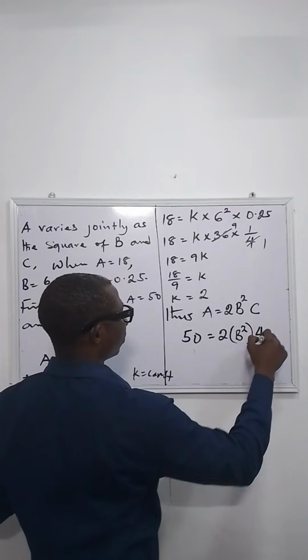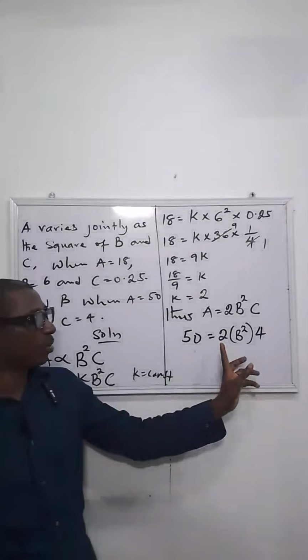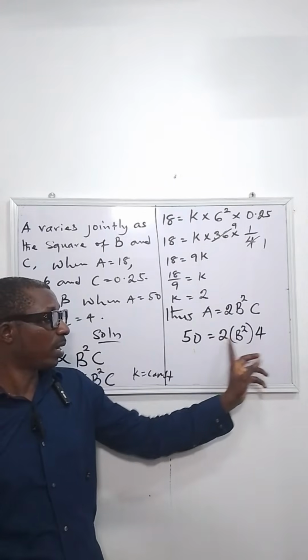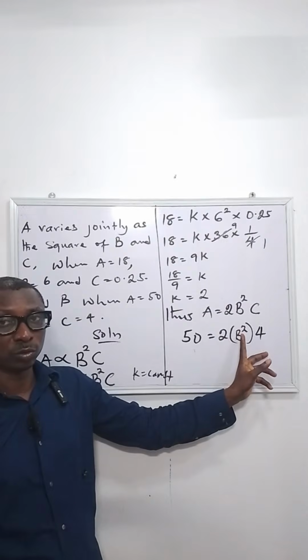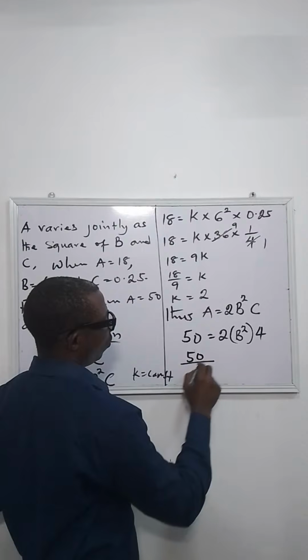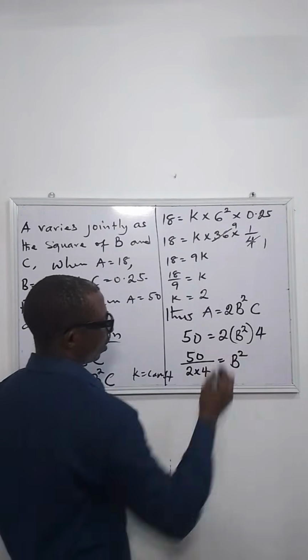Okay, so we have 4. Okay, so what is the next thing to do? Now we divide both sides by the coefficient of B squared. The coefficient of B squared is 4 and 2. So we have 50 over 2 times 4 equals B squared.